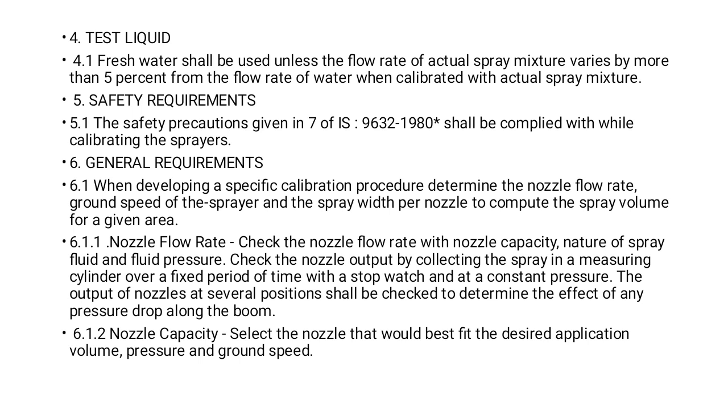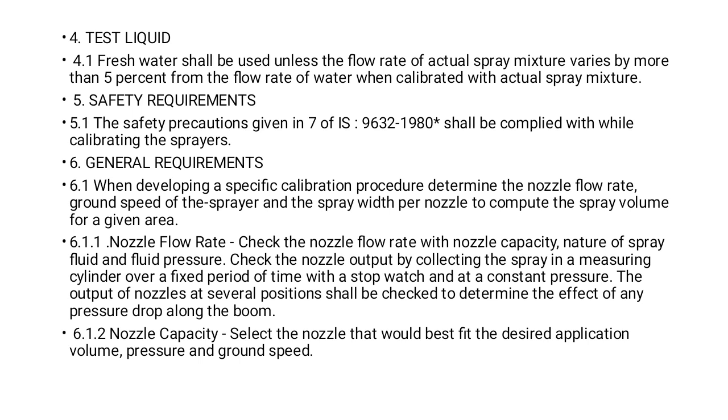Check the nozzle output by collecting the spray in a measuring cylinder over a fixed period of time with a stopwatch and at a constant pressure, and the output of the nozzle at several positions shall be checked to determine the effect of any pressure drop along the boom.